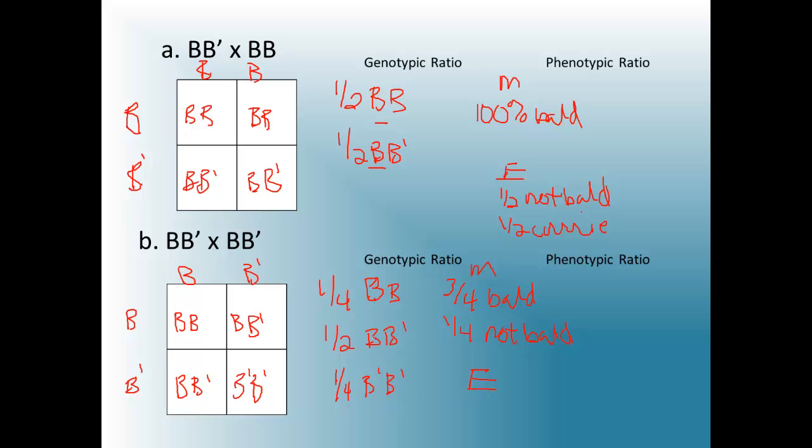Not bald, bald. She's got a 3/4 chance of not bald and a 1/4 chance of actually having a bald female. And yes, it does happen. So that's where we see some slight differences in the males and the females, because it is a sex influenced trait.